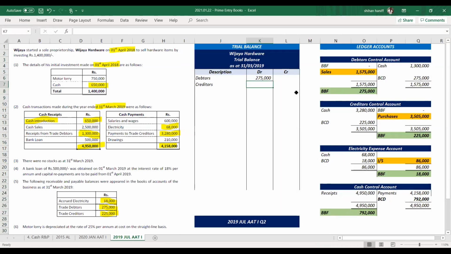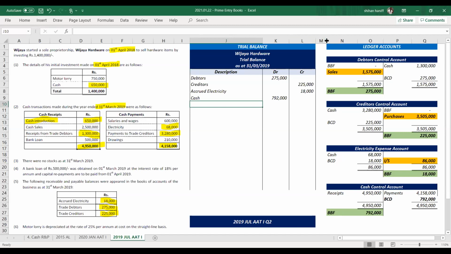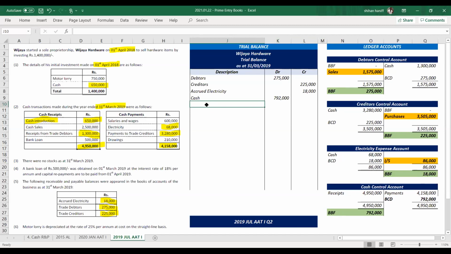Debtors 275, creditors 225, accrued electricity 18,000, cash 792. Now sales.